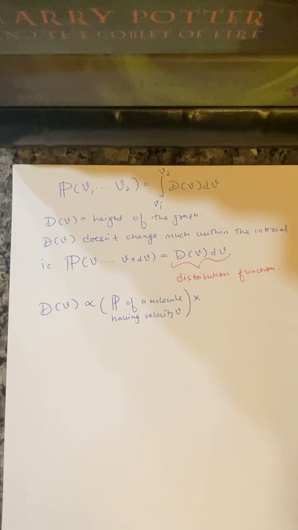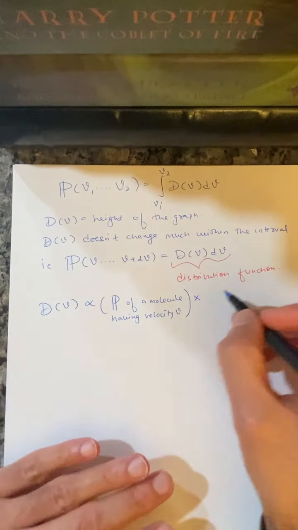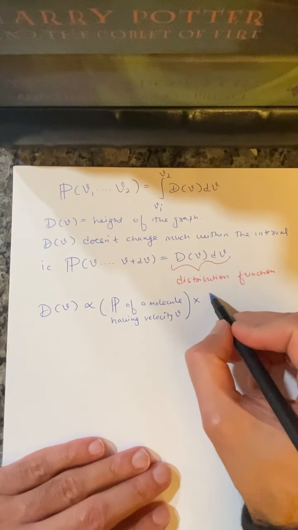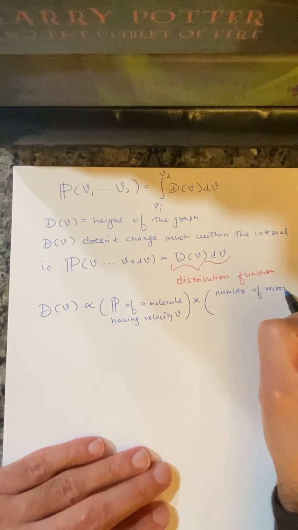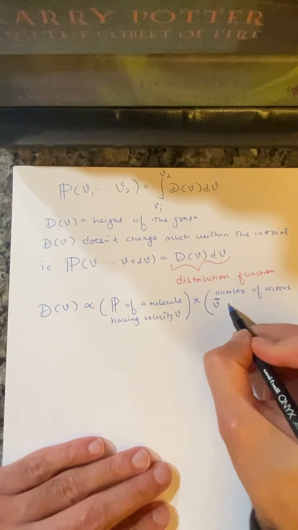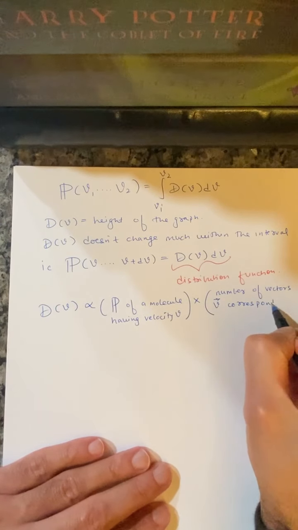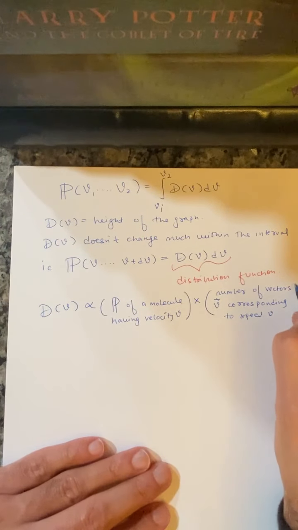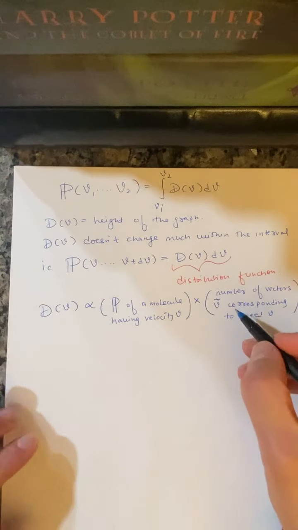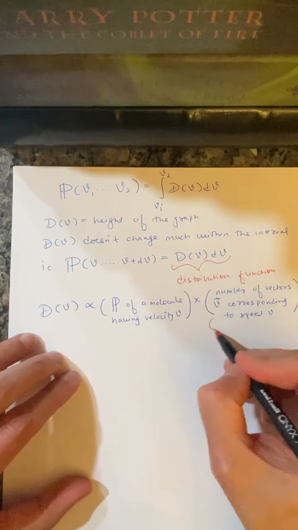Because we need to know how many total states there are. But another important quantity is also the 3D space. If you all remember, we looked at those velocity vectors in the past. You're talking about the same thing. The f(v) function is going to be given by the probability of a molecule having velocity v, multiplied by the number of vectors v corresponding to speed v. You're looking at a 3D velocity space.